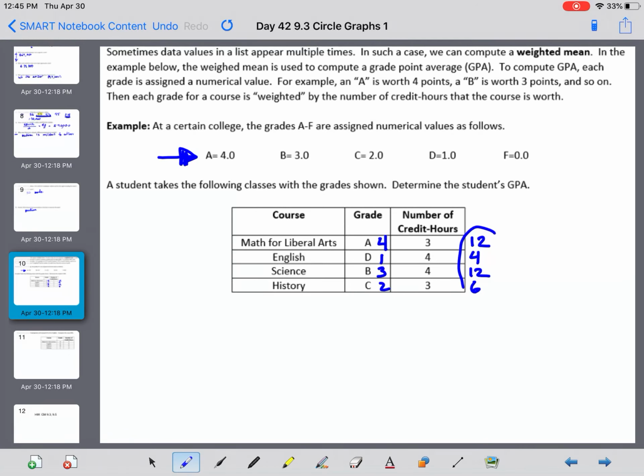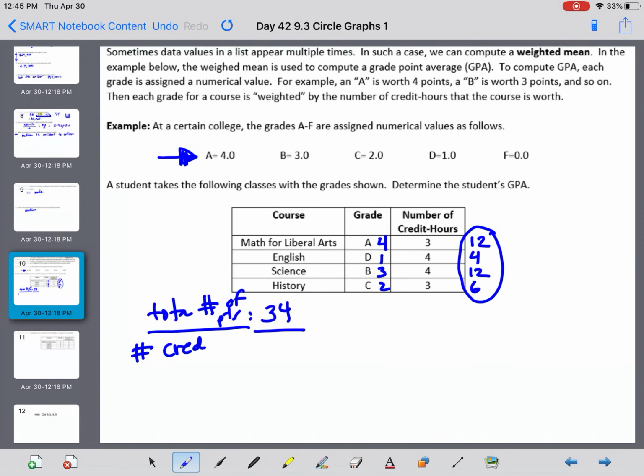Now I'm going to add all of those together. If I add all of those up, I believe I get 34. This is my total number of points. Then I'm going to divide this by my total number of credit hours, which is the sum of this column.